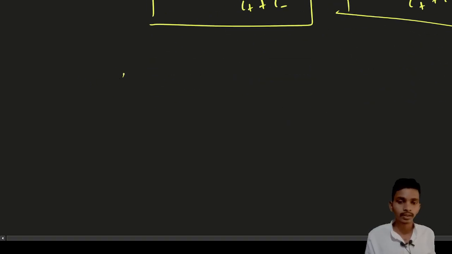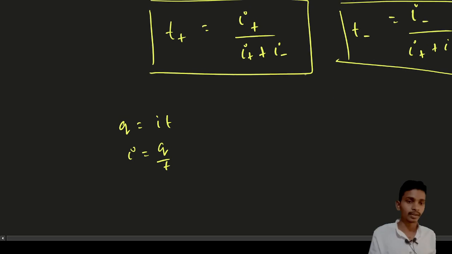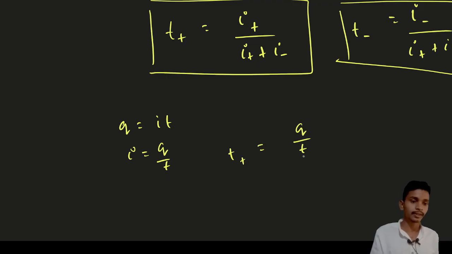So also we know that Q equal to IT, then I equal to Q upon T. So in the I, if I put Q upon T, then transport number of cations equal to Q upon T, and for cations I write positive.